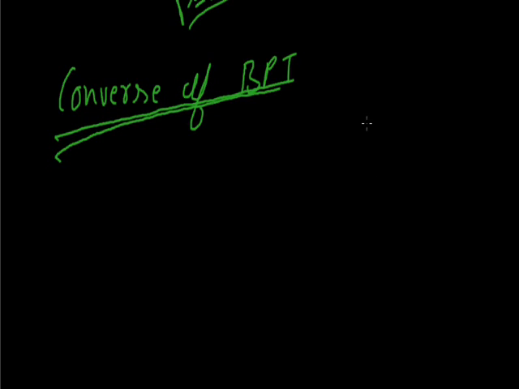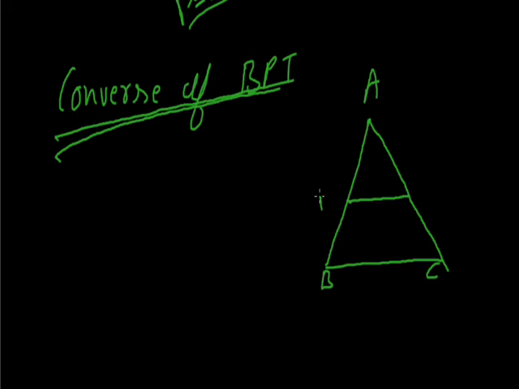This is the statement. Let's say there is a triangle ABC. In this triangle, there is a line DE which divides the two sides, AB and AC, in the same ratio.